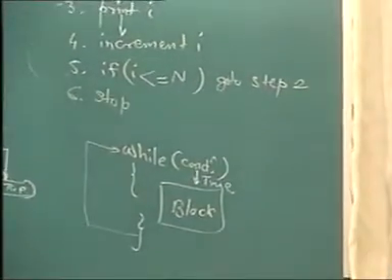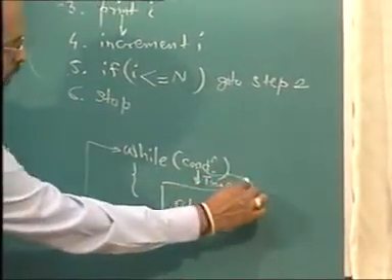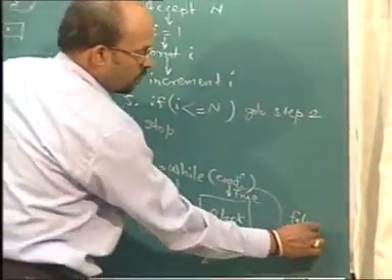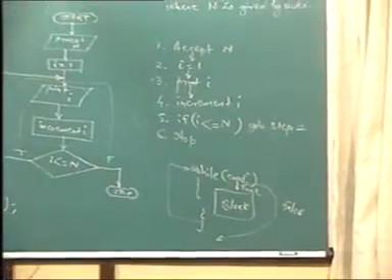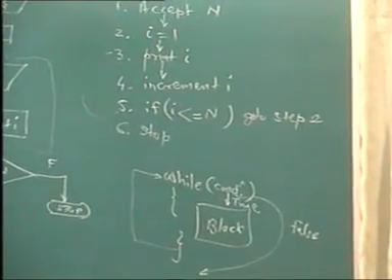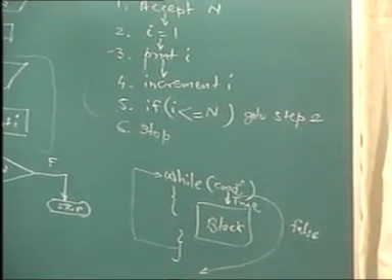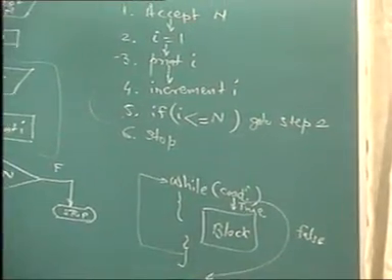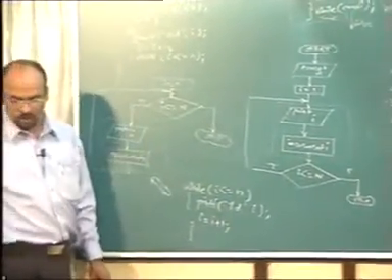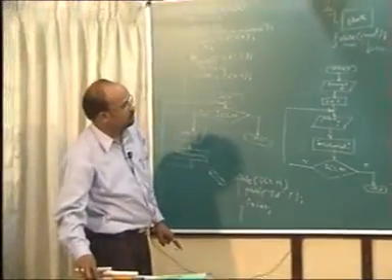But when condition is false, it will straight away jump to the next statement. It will straight away come to the statement which is after that block of while, after the curly bracket. Got it? Now make a note. In what sequence? The same sequence as I have written it.